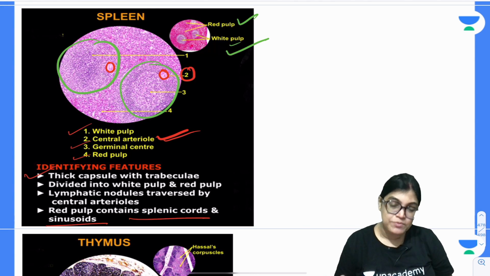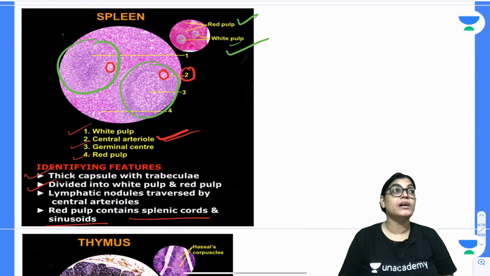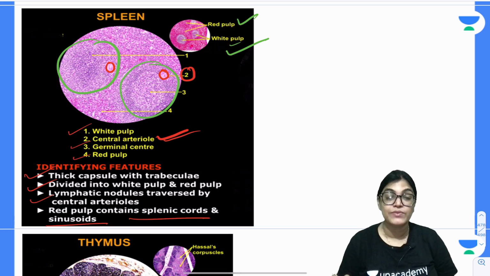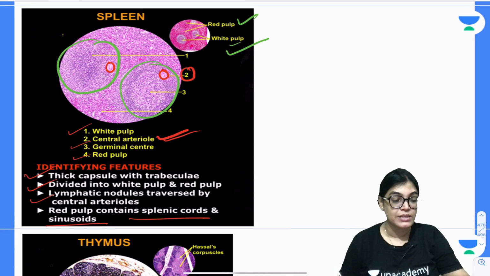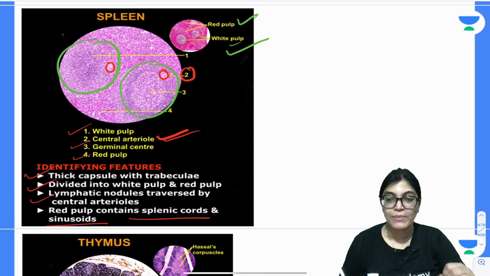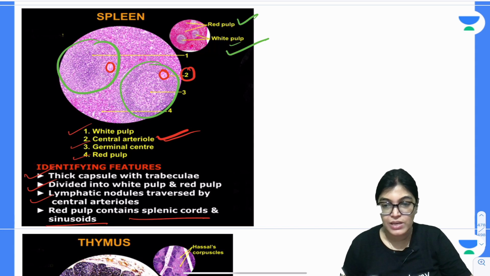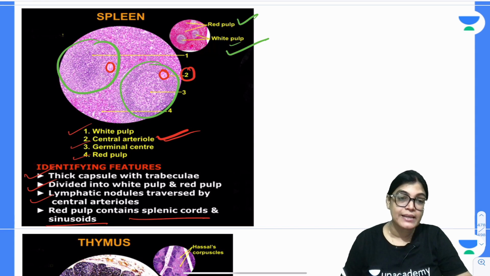There is a thick capsule with trabeculae dividing the white pulp and the red pulp. The lymphatic aggregation is traversed by a trabecular artery. Initially this artery is referred to as the central artery. Thereafter it is pushed towards the periphery, and the location of the central artery changes to an eccentric position.